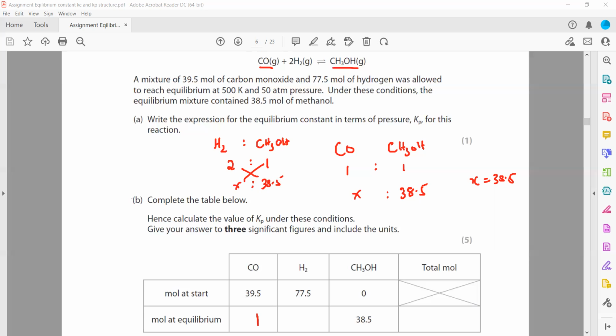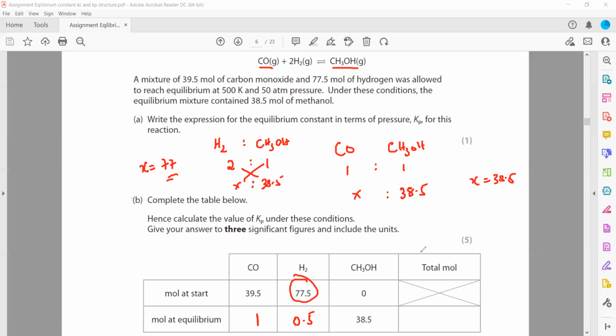That will give us 77. So 77 is the number of moles which reacted, but we are not finding how many moles reacted. We are finding how many moles are left at equilibrium. So if originally it was 77.5 and 77 reacted, how many moles are left at equilibrium? It will be 0.5 mole or half mole of hydrogen left at equilibrium.